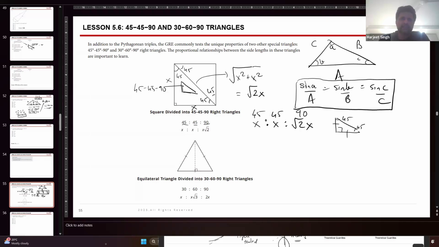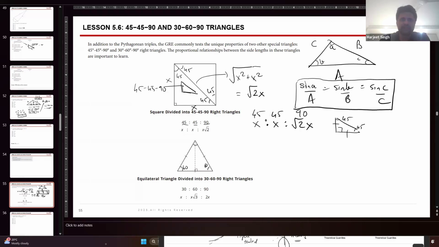On the other hand, in an equilateral triangle, can I say each angle is 60 degrees? Same angle size. So this is 60, this is 60, and this whole thing is also 60.